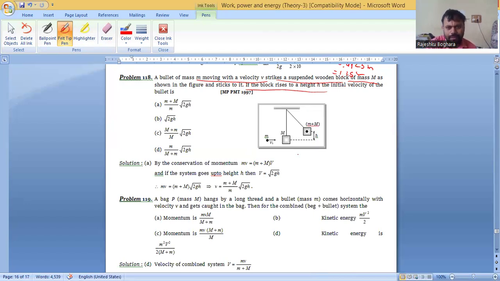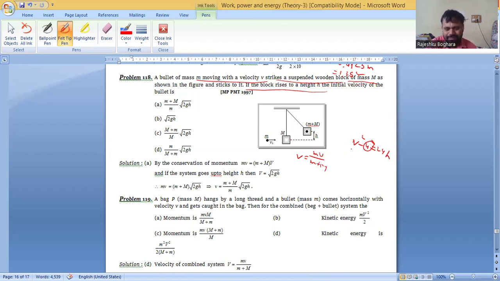So we know v equal to velocity of the system after collision, mv upon small m plus capital M. And the system acquires height h, then v square minus u square equal to 2ah. So u is 0, final velocity 0.